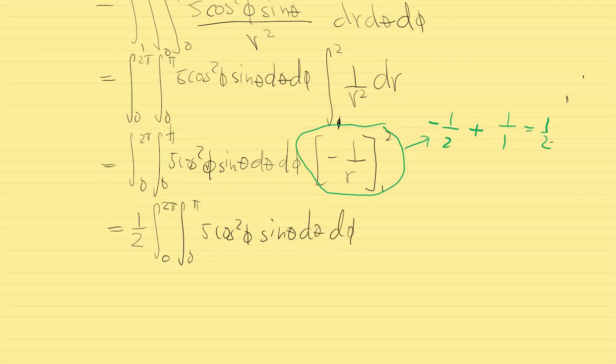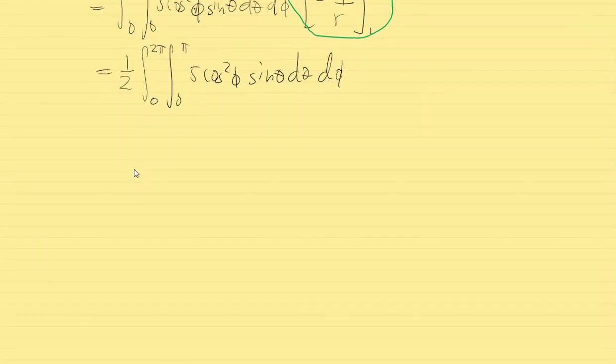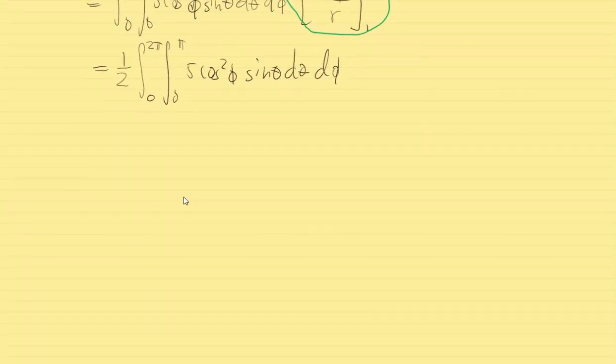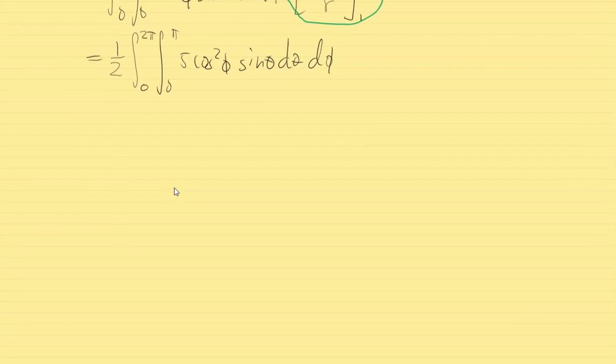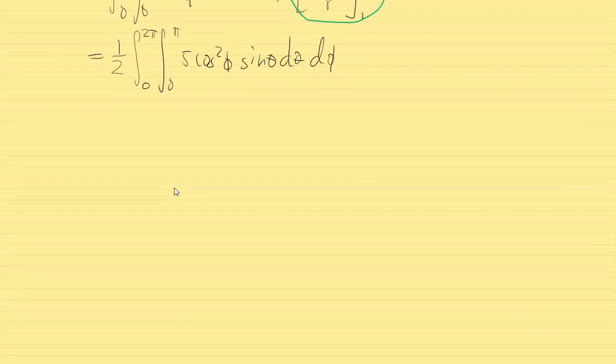So we're done with the first one. Next, we can integrate the limit from 0 to pi, and that will be theta. Phi is from 0 to 2 pi. So if we do that, 1 half, 0 to 2 pi, d phi.